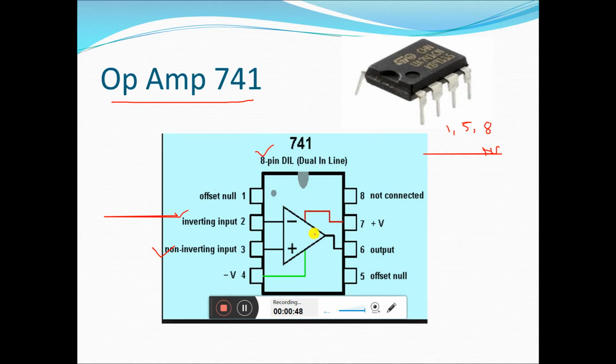Here we need two supplies, plus VCC and minus VCC. For minus VCC we mostly use minus 12 volt, and for plus VCC we use plus 12 volt supply. Pin number 6 is the output pin.